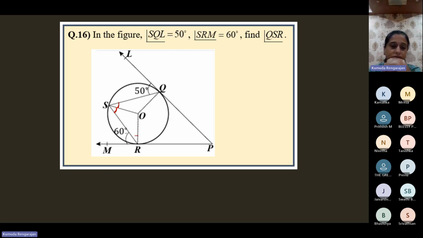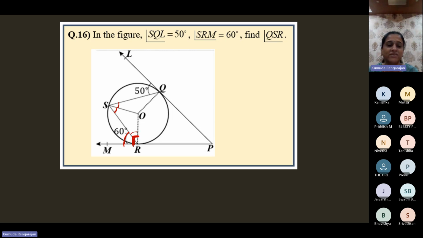How much is this? I already marked it. What is the magnitude of this angle? 90. How much is this? 60.